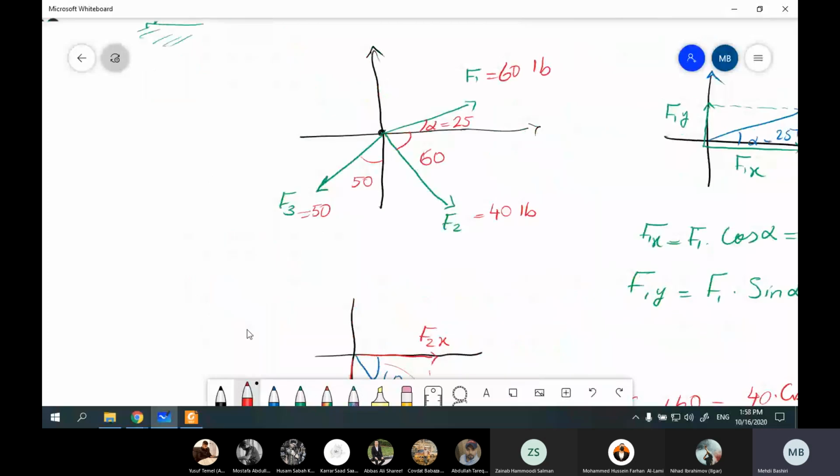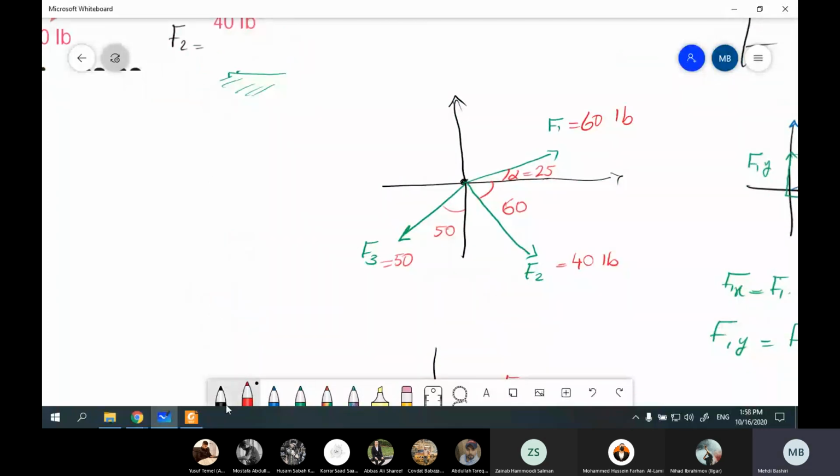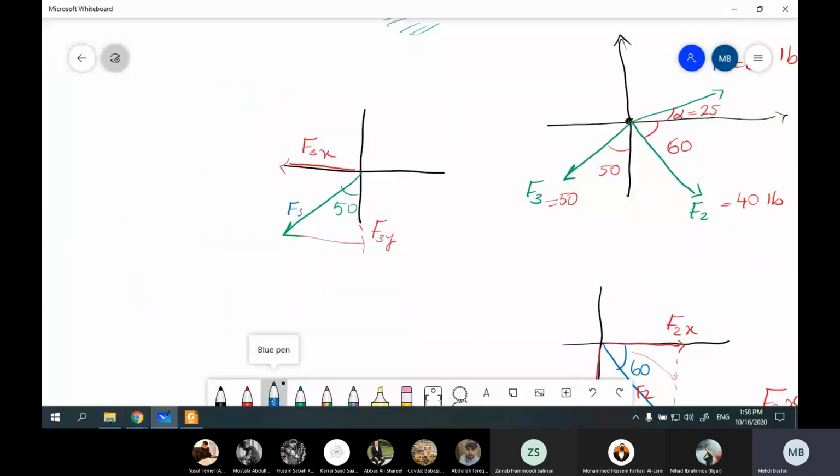Let's go for F3. For the third case, the angle of F3. Again, I'm going to decompose it. This is F3x, and this is F3y, and this is F3. What is F3x? Look at here. This is F3x, and this is F3y.